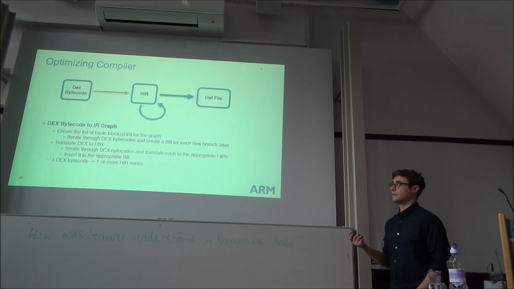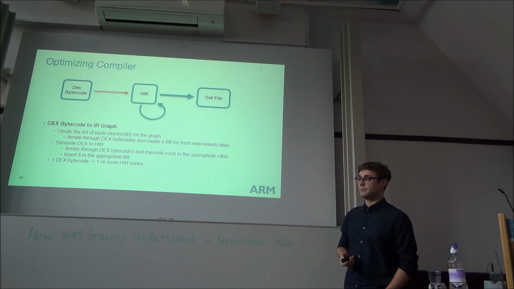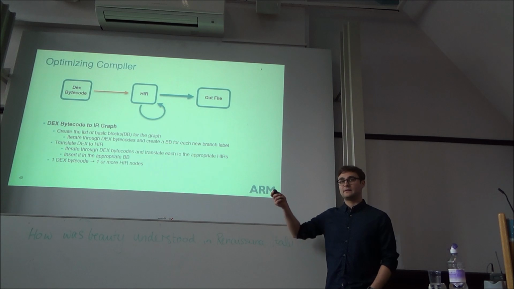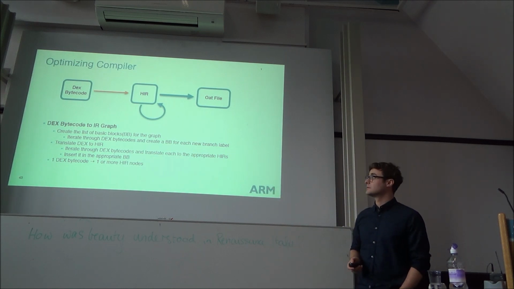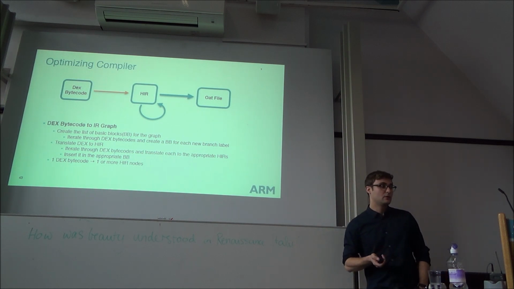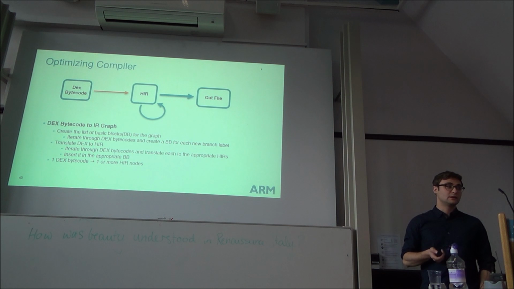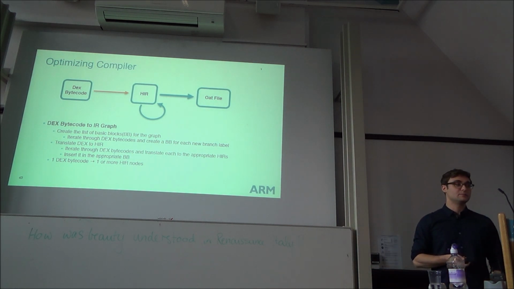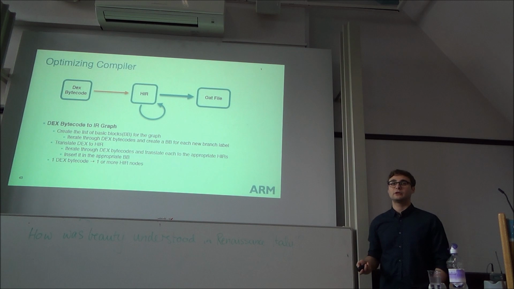So here's a brief overview about how the optimizing compiler works. We have the DEX bytecode as input, and in the first stage we generate the intermediate representation graph. We go through every single bytecode in the DEX bytecode that we have been provided as the input, and we generate the basic blocks. Basic blocks is again compiler terminology.